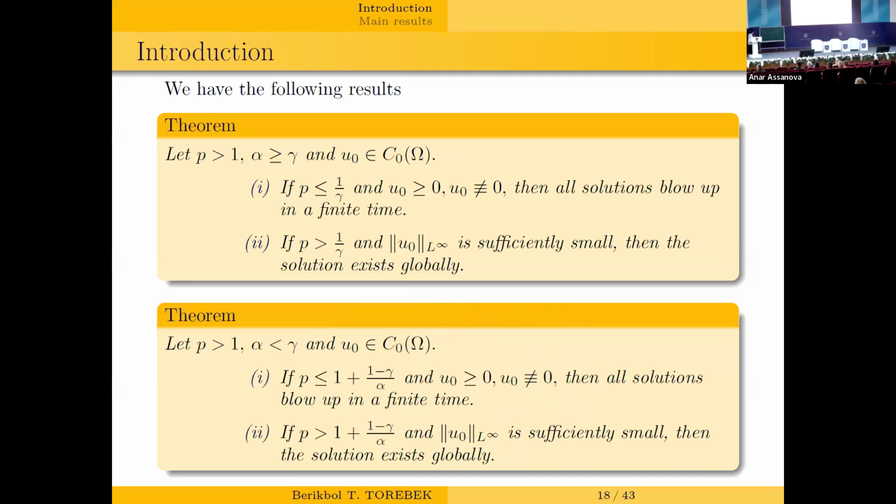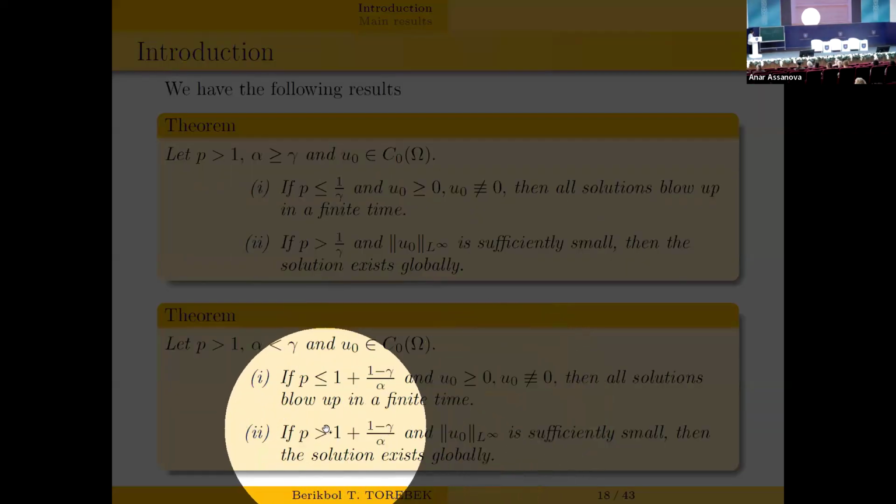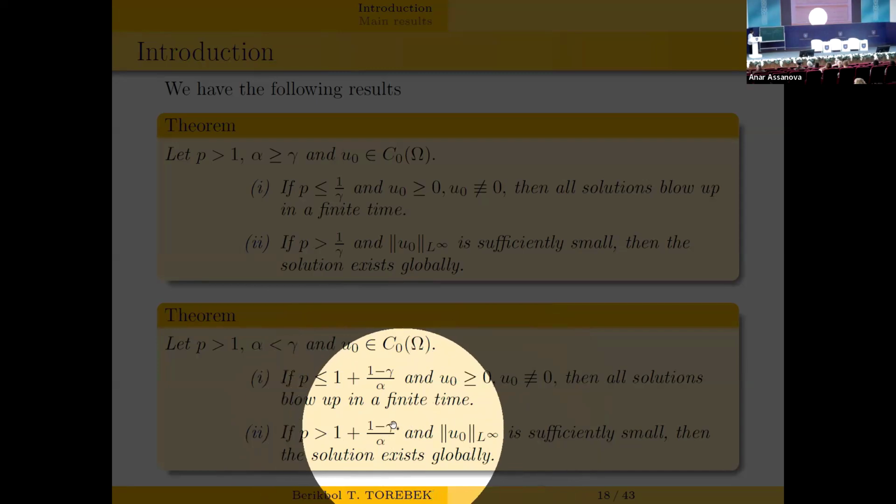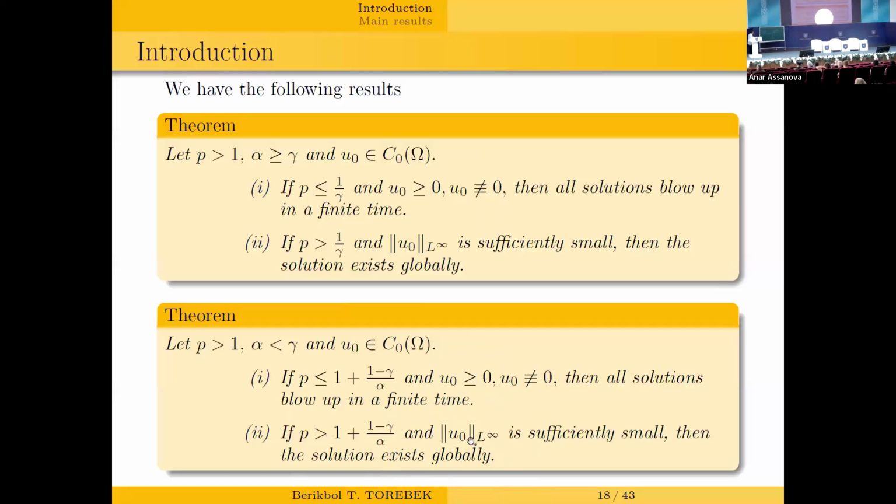And he also proves that if p is greater than this critical exponent, for sufficiently small initial data, the solution exists globally. All of these results were about the semilinear heat equation on a bounded domain.